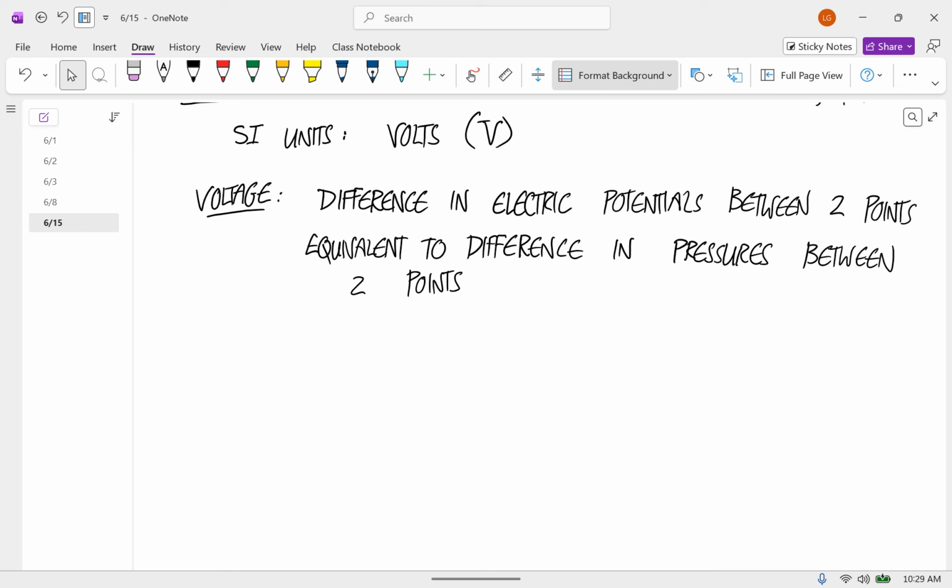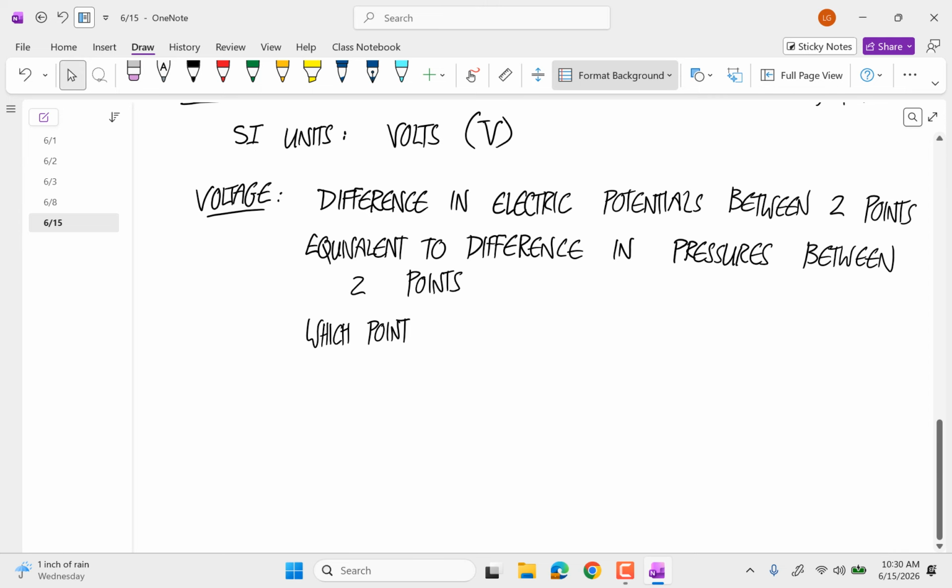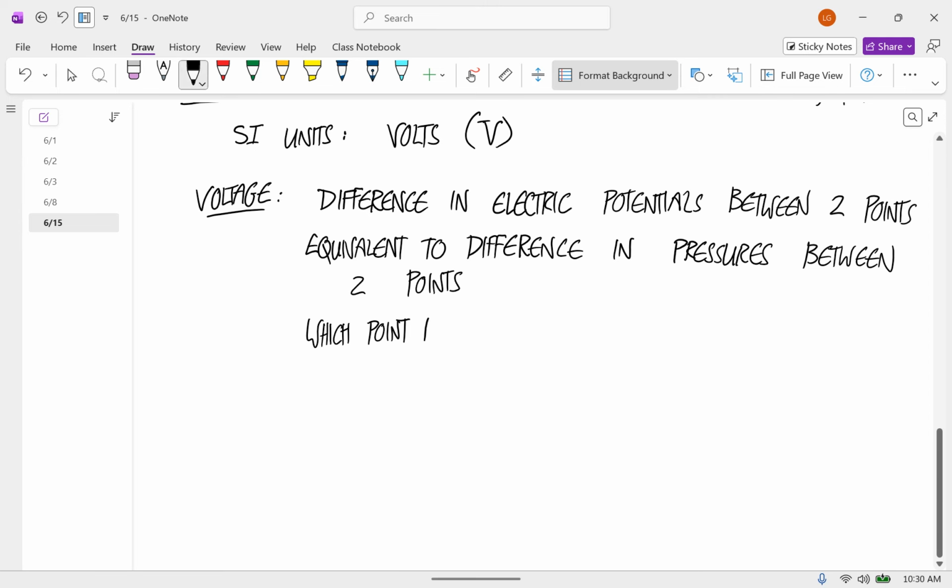So which side, or let's say which point, you always take a voltage between 2 points. Which point has the higher electric potential is important.